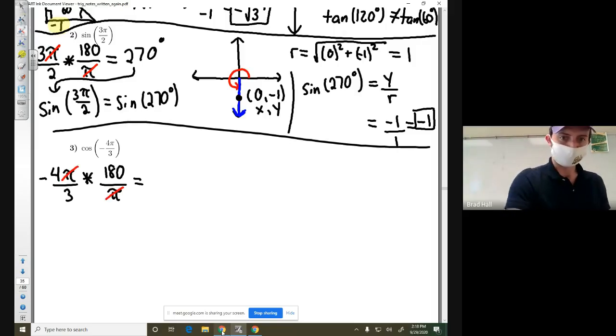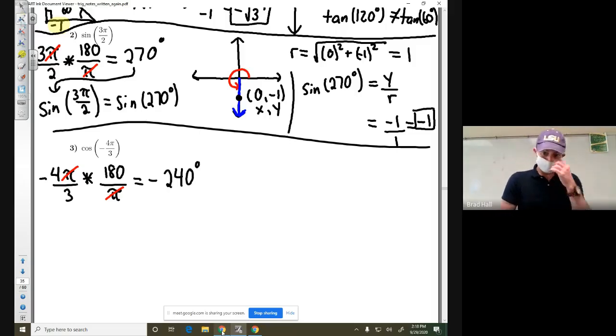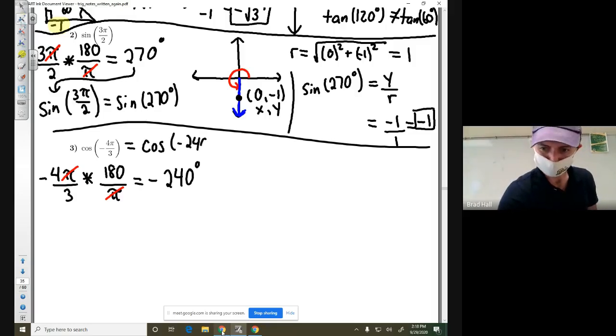So pi's cancel. 4 pi over 3, 18 divided by 3, 6. 6 times 4. Is it -240? Yeah. -240 degrees. So now what we have is cosine of -240 degrees. So we just pretty much rewrote the problem.